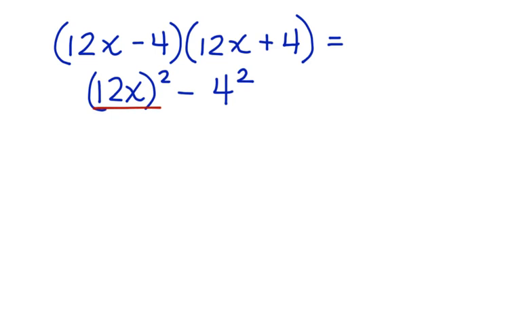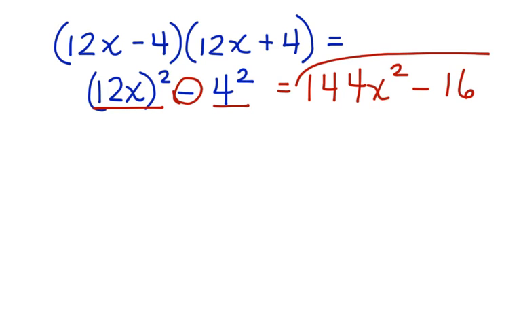Let's start with this. 12x squared would give me 144x squared. Bring over the minus. 4 squared is 16. This is my answer.